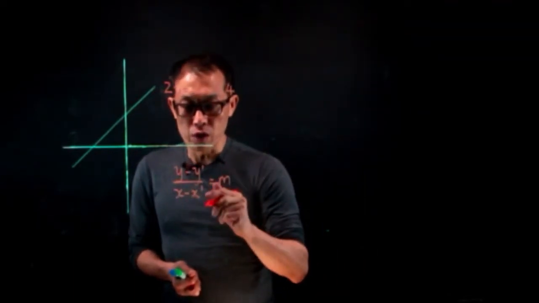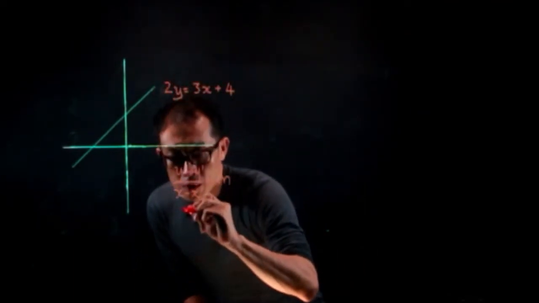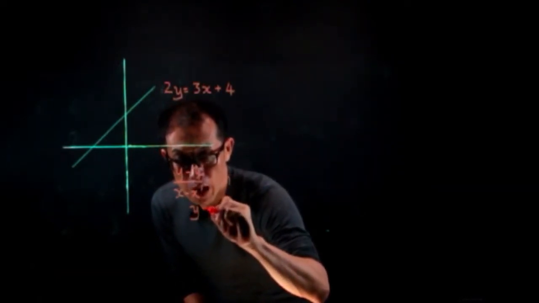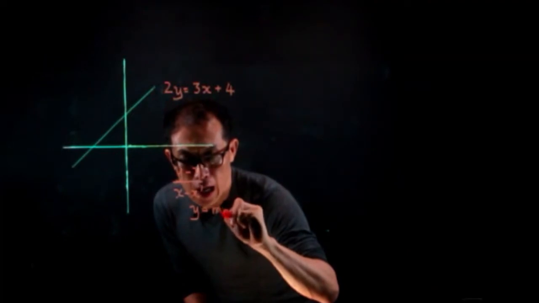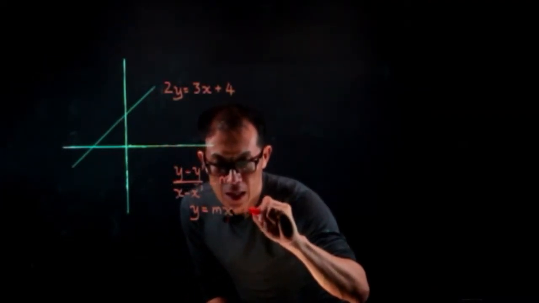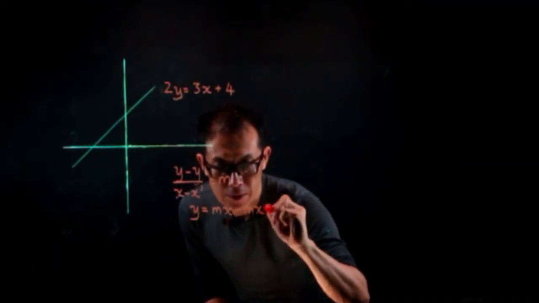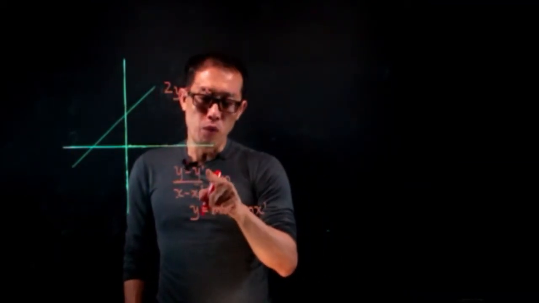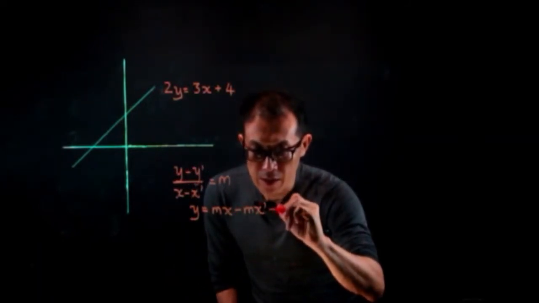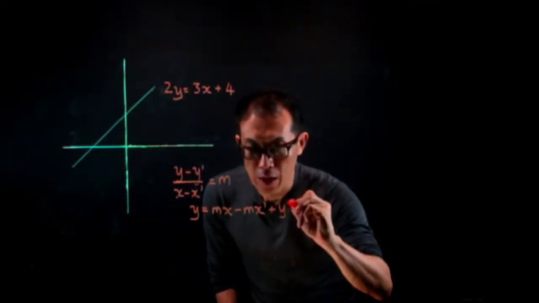Now if you do a cross multiply and you make y the subject of the formula, you will get y equals mx minus mx prime. Now the y prime you can bring over to this side, plus y prime.